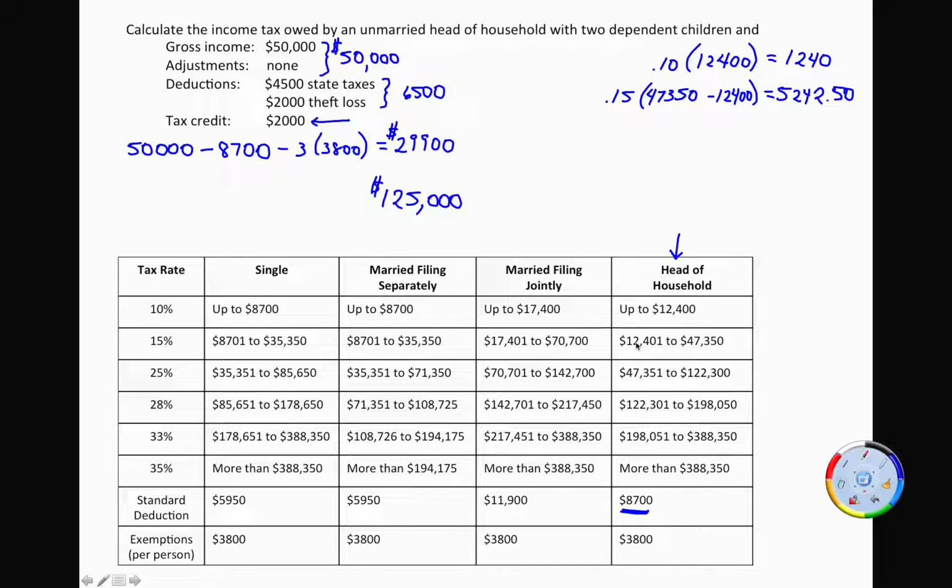Okay, but he made more than $47,350, so he's got to pay taxes on that next amount, and he's got to pay 25% on his next chunk of money.